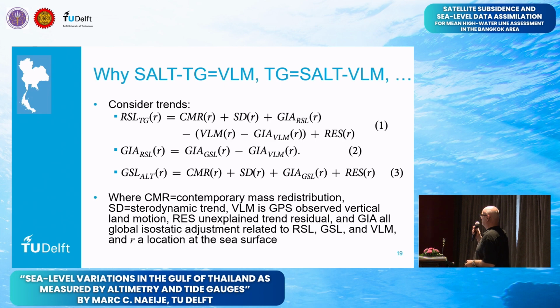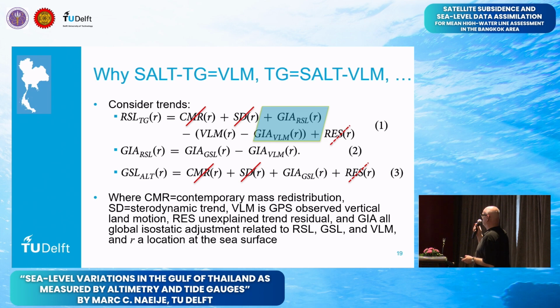So if we're going to make the combination, for instance, if you want to have SLA minus TG is VLM, there are a few things that actually fall out, because they are the same for both measurements or both systems. Then it is a bit debatable whether the residual falls out, because that might be different, as this is something we don't know.